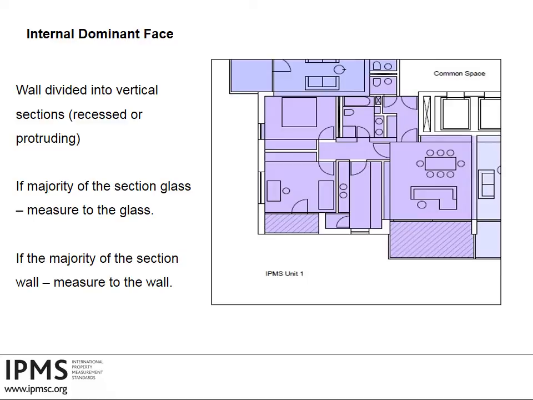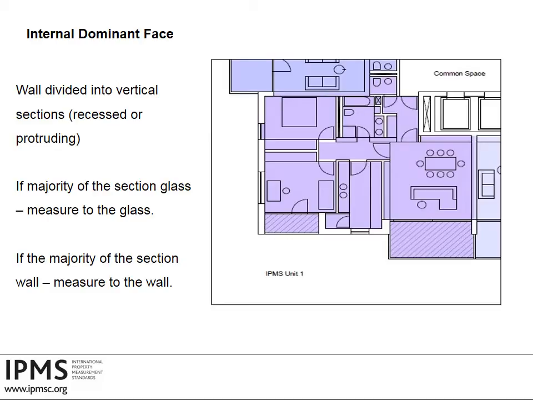One of the main differences within the International Property Measurement Standard is the way that we measure to the internal dominant face. If you look around the room you're sitting in, imagine that the wall is divided into vertical sections comprising of bits of the room that are either recessed or protruding.